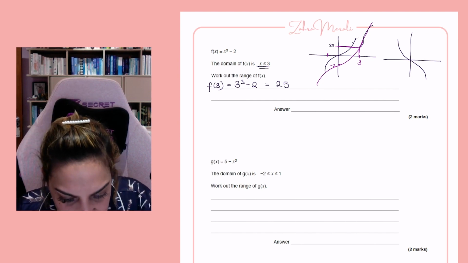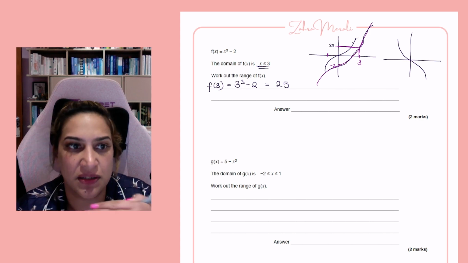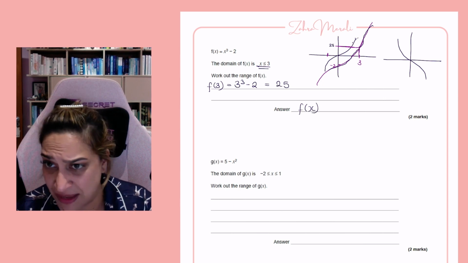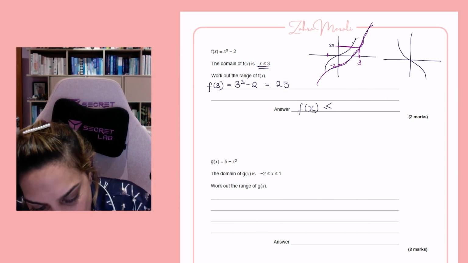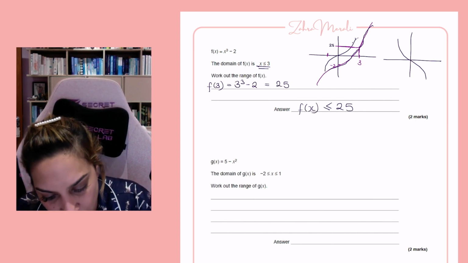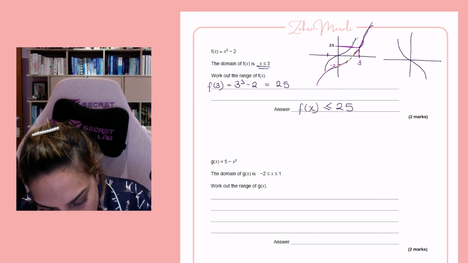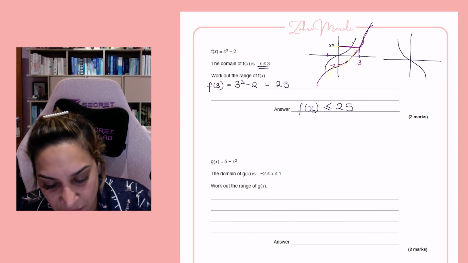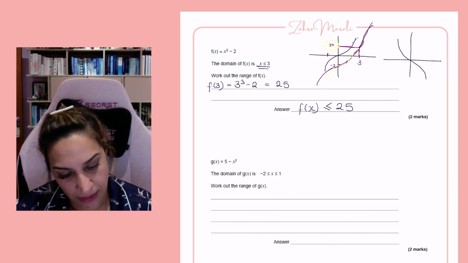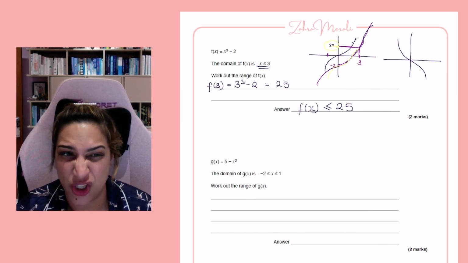But they've actually got less than 3, so we know the answer's always going to be less than that. So for the range, we write f(x) is less than or equal to 25. You think about what bit do I want? I want everywhere smaller than 3, and what does that mean for the y's? Everything smaller than 25.